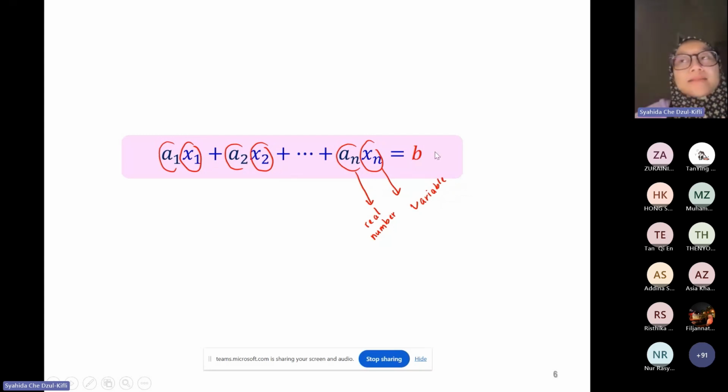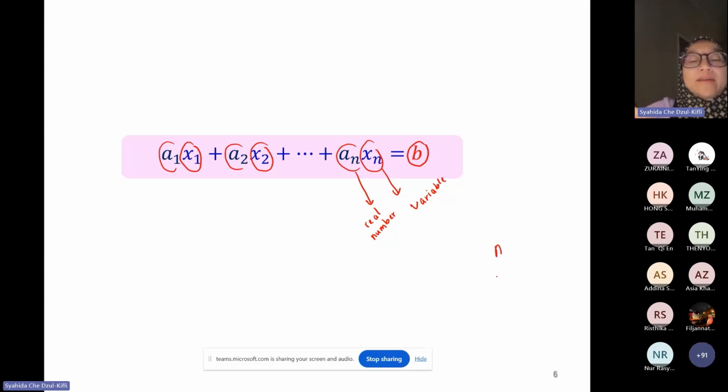And on the right-hand side, we have another real number, b. b is not a coefficient of any variables. b can be 0. b can be negative. b can be any real number. So this is the general form of a linear equation with n variables.